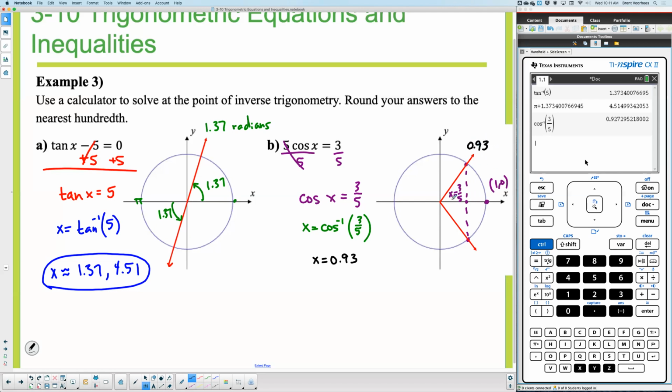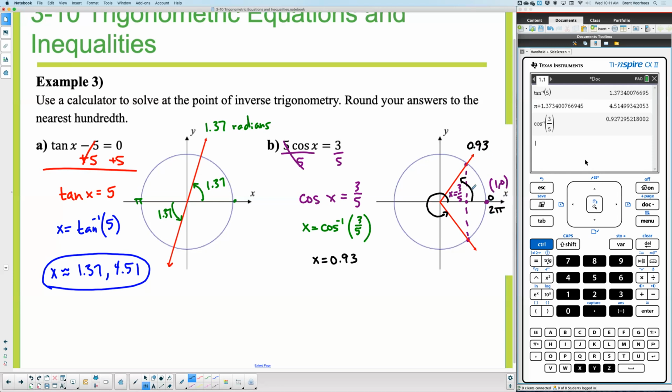That's that answer. Now I want you to think through, you got to do a little spatial reasoning here. That's the answer going from here to here. Now the second answer is the one that goes all the way around to there. But the easier way of thinking about it is like this. How far away from this x-axis is it? The same 0.93. But that's being taken away from 2 pi.